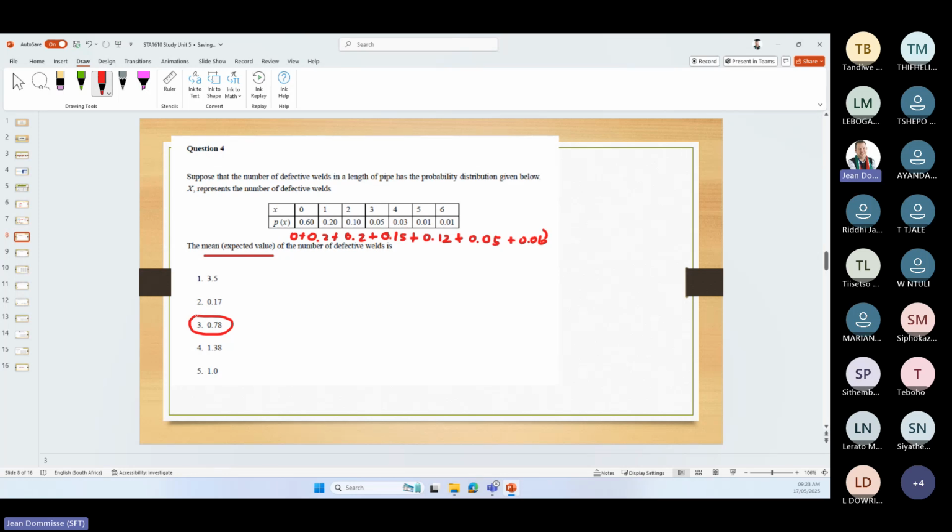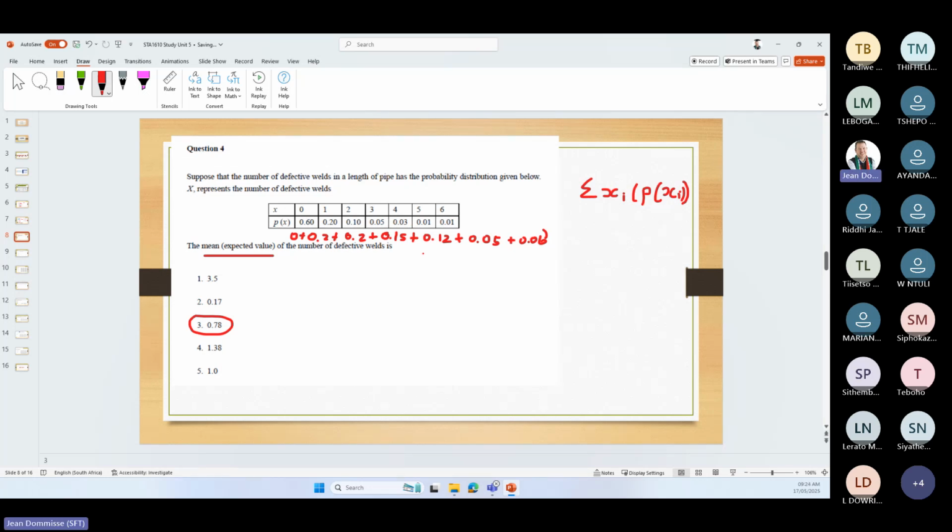Okay, so this one is purely working out the expected value. So just follow that formula: the sum of x_i times the probability of x_i. That would be the formula that we will use for that.